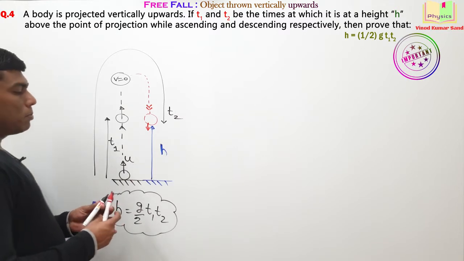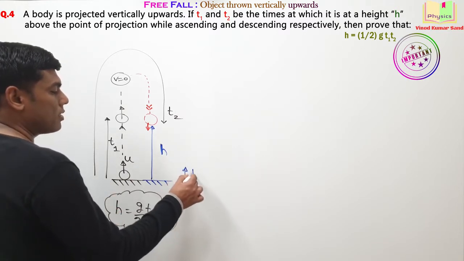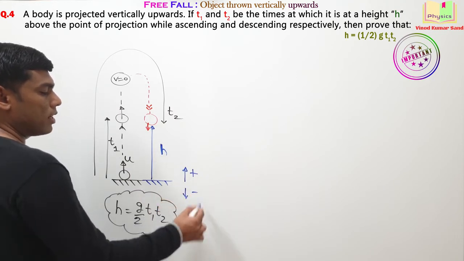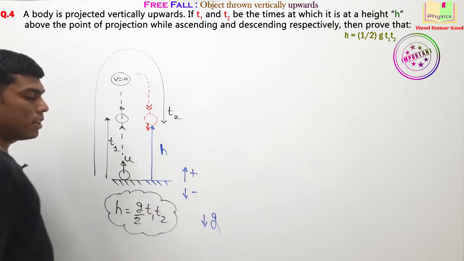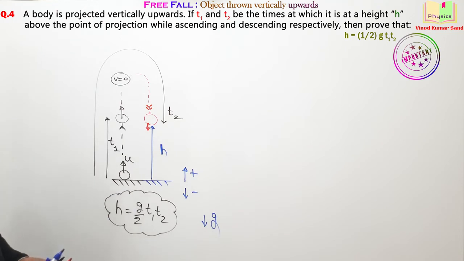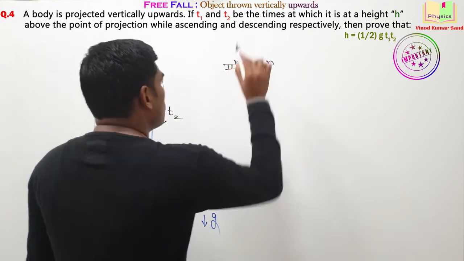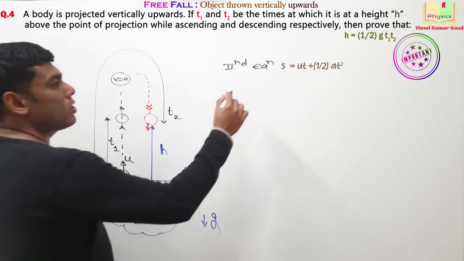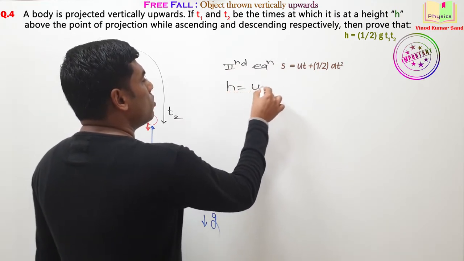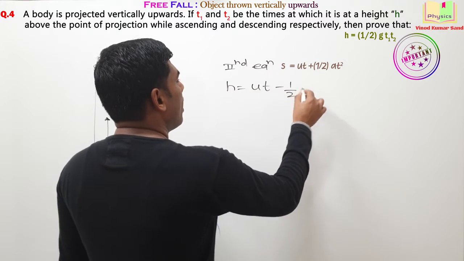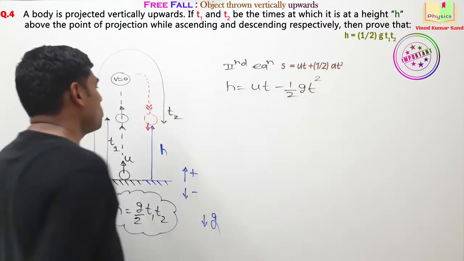For calculation purpose, I am assigning this as the positive direction, this as the negative direction. Acceleration due to gravity is taken here downwards. We are using here the second equation of motion. So we should be writing h is equal to ut minus half gt square. Do you agree?